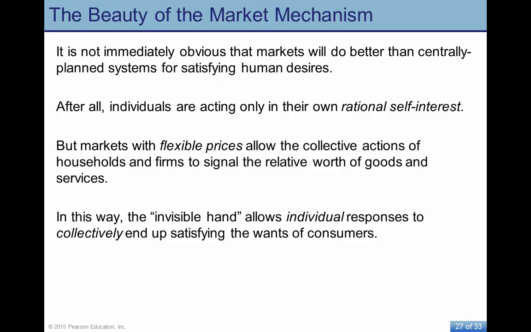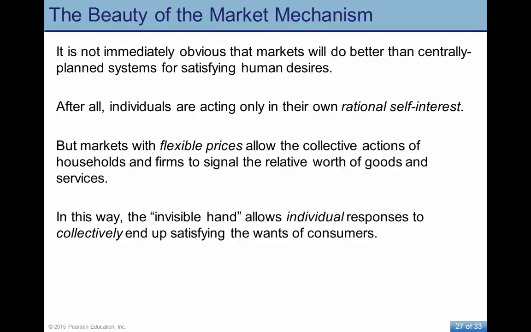The beauty of the market mechanism. It is not immediately obvious that markets will do better than centrally planned systems for satisfying human desires. After all, individuals are acting only in their own rational self-interest.